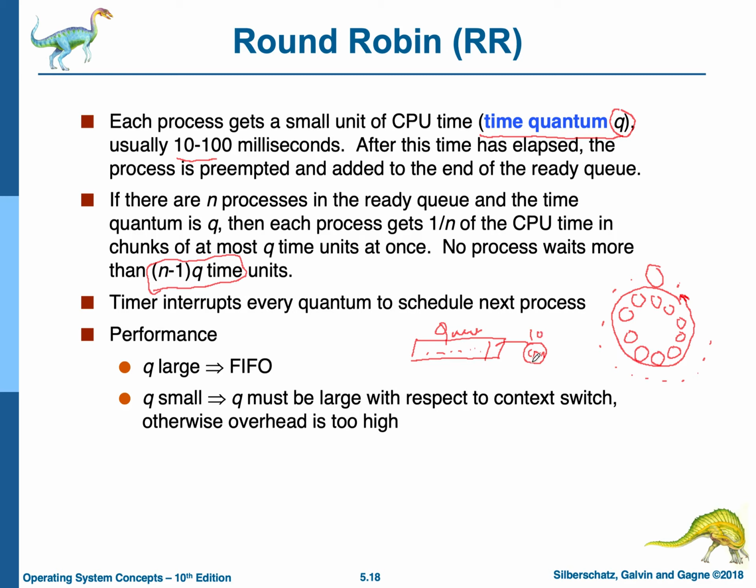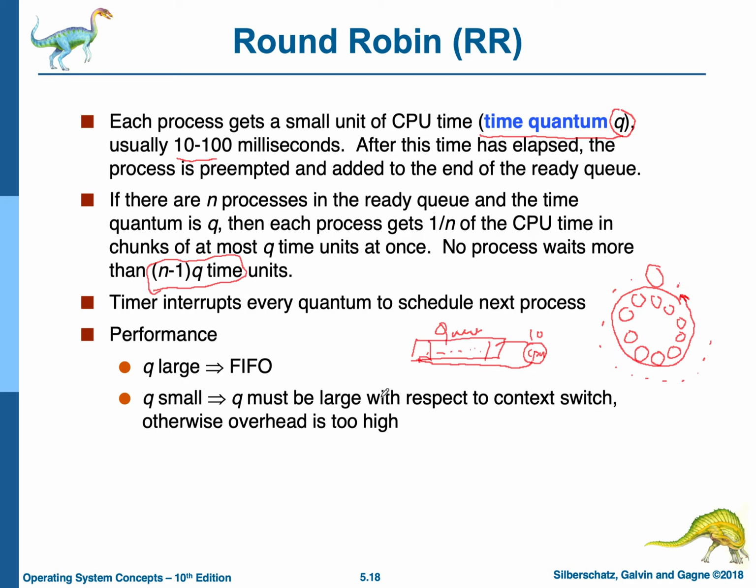After 10 milliseconds, this job is pushed to the back of the queue, and if there are 10 jobs, it might have to wait for 100 milliseconds to get its next turn of 10 milliseconds.